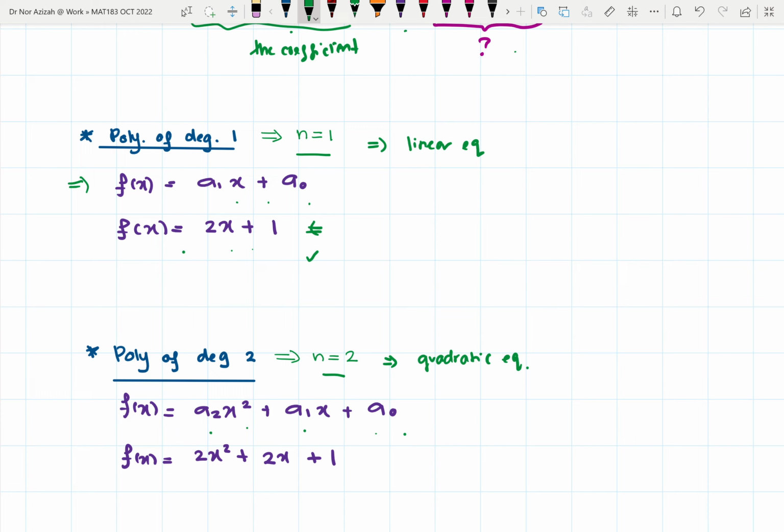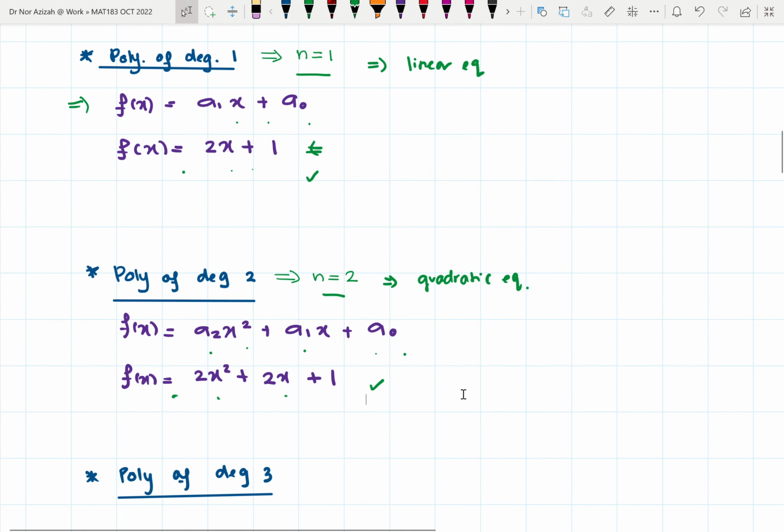When you replace the values of a_2, a_1, a_0 by any number, for example here we have f(x) equals 2x squared plus 2x plus 1. Or if you have 3x squared minus 1, this one is still a polynomial of degree 2.